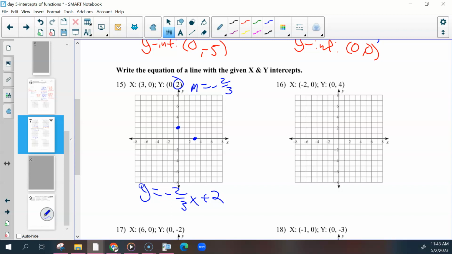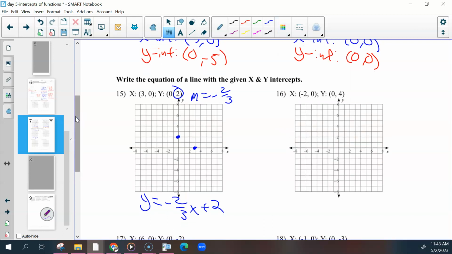The other way, algebraically, is if you use your slope formula, y2 minus y1 over x2 minus x1. Again, you don't have to do it this way, just if you would rather. Label these as x1, y1, x2, y2, and then put each one in this format.